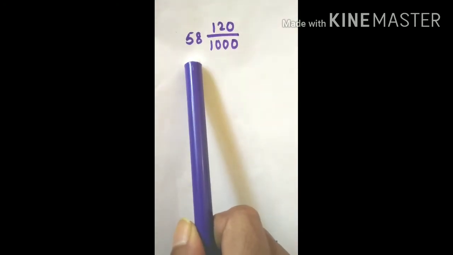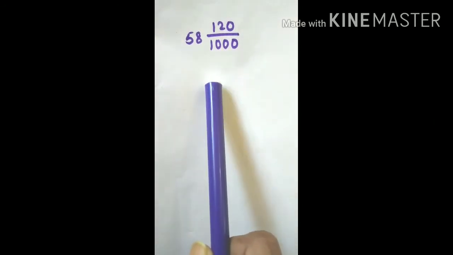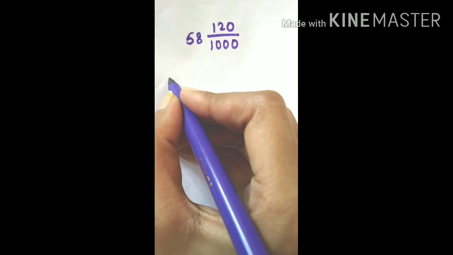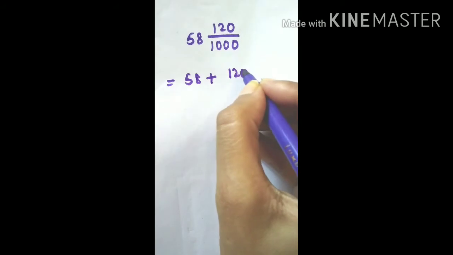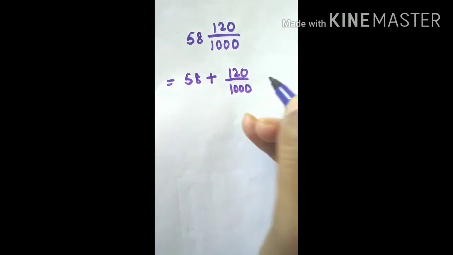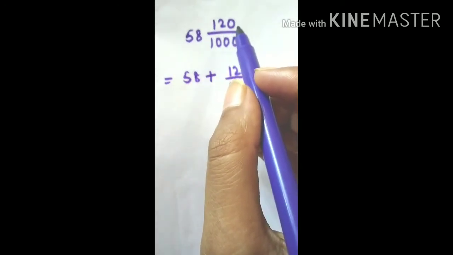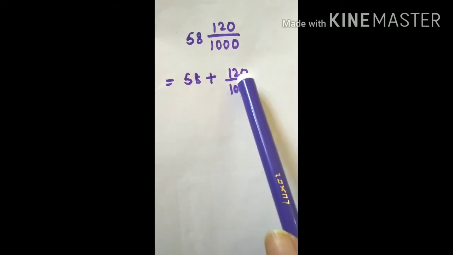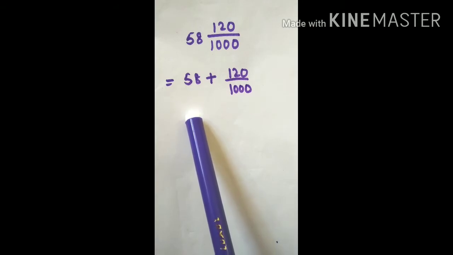Students, 58 and 120 by 1000 can also be written as 58 plus 120 by 1000. Now in the next step, we will change this fraction 120 by 1000 into a decimal and 58 will remain the same.